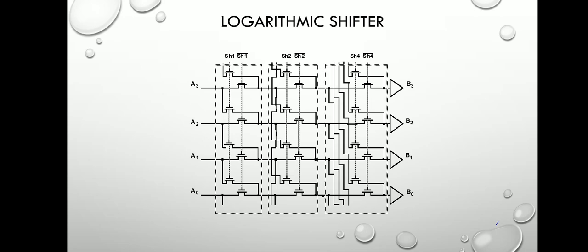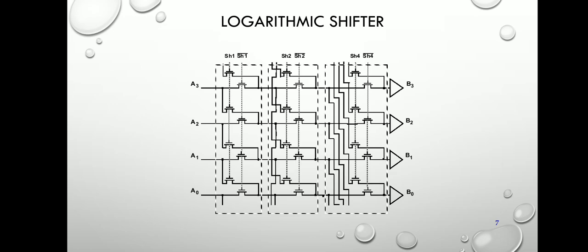Next one is the logarithmic shifter. The logarithmic shifter is based on 3:1 multiplexers, and consists of 4 stages with the order of 1 bit, 2 bit, 4 bit, and 8 bit shift. It can perform the following operations: shift right logical, shift right arithmetic with the sign extension, shift left logical, and shift left arithmetic.